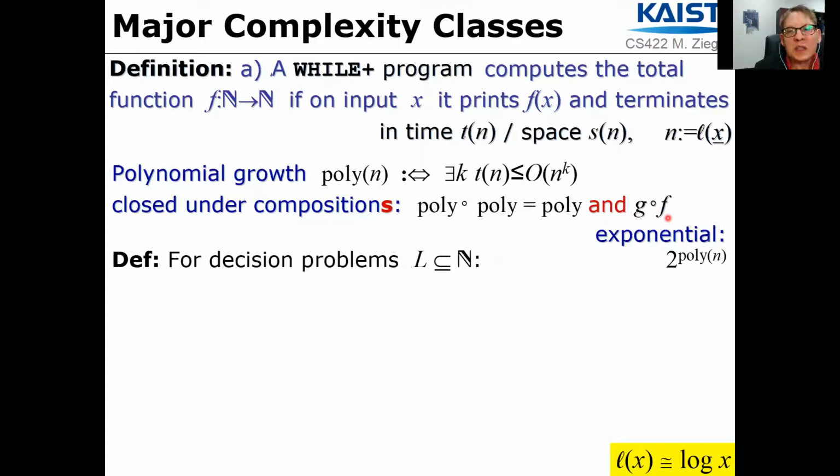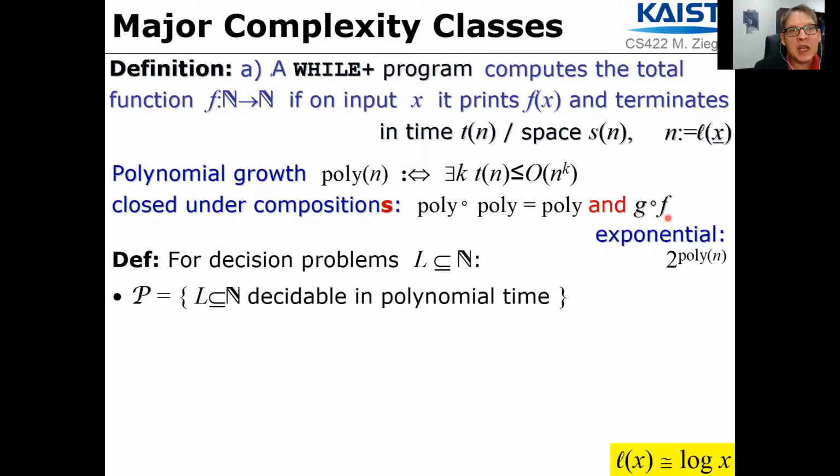And then we got to the famous complexity classes, starting with the class P of polynomial time decidable problems. So here we're restricting ourselves to decision problems, not function problems. And we consider those that are decidable in time polynomial in the binary length.